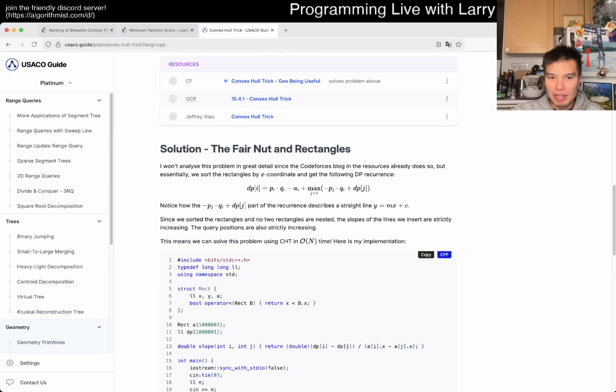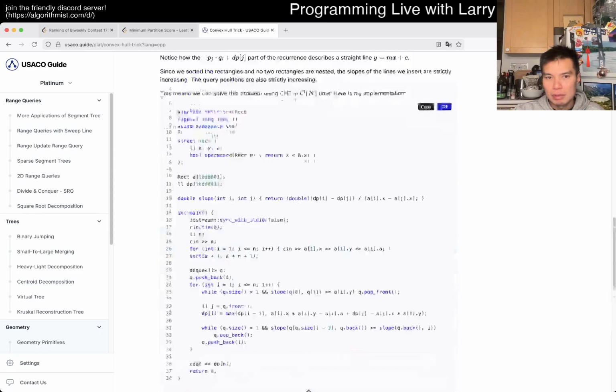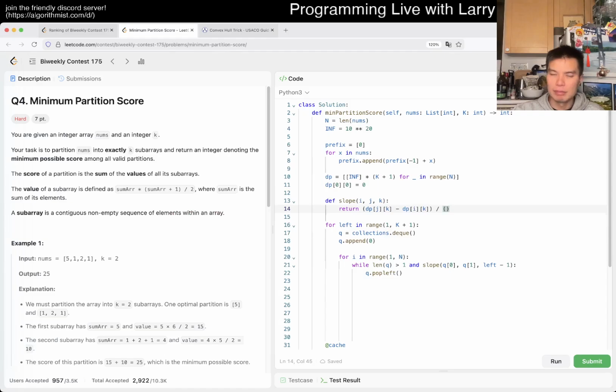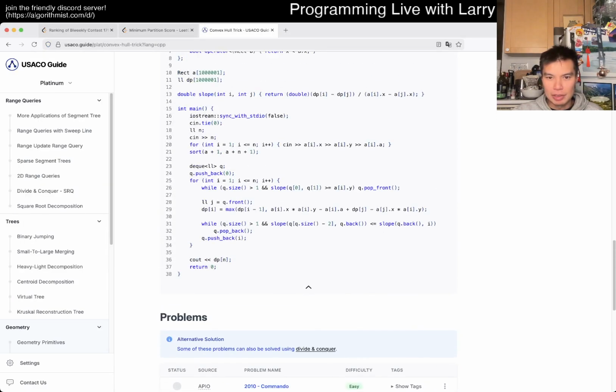I wish they just define what's f sub I and f sub j, but then you have some insertion here. Trying to figure out the slope. So the slope definitely matters.